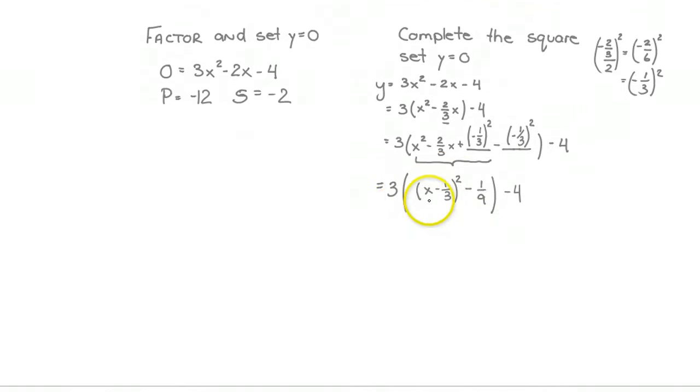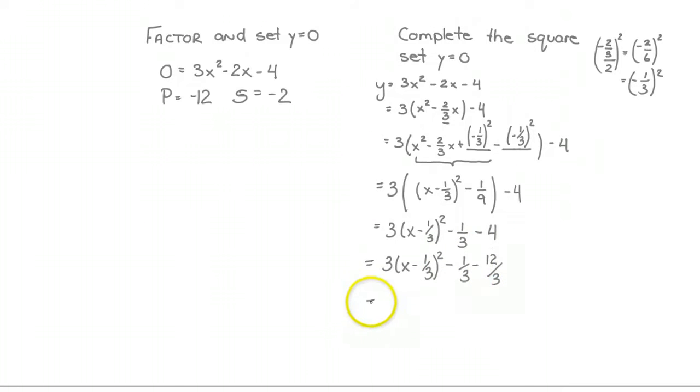Now I'll expand this back out. So it equals 3 times x minus 1 over 3 squared. 3 times negative 1 over 9 is going to be negative 1 over 3, minus 4. Now we'll do a little simplification: 3 times x minus 1 over 3 squared minus 1/3 minus 12 over 3.